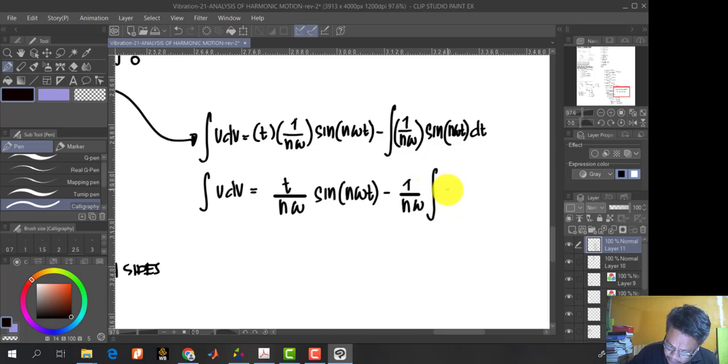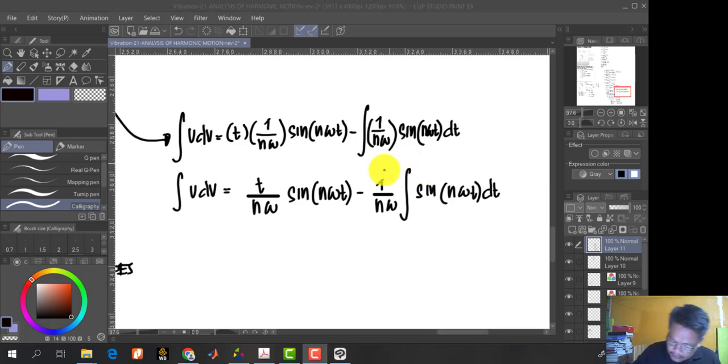Then we have here the sine of n angular velocity times time, and this will be dt. And again, this is all in a boundary, in a boundary of 2 pi over w and 0. So later on, let's express that.